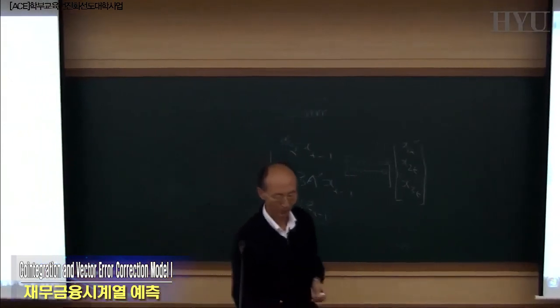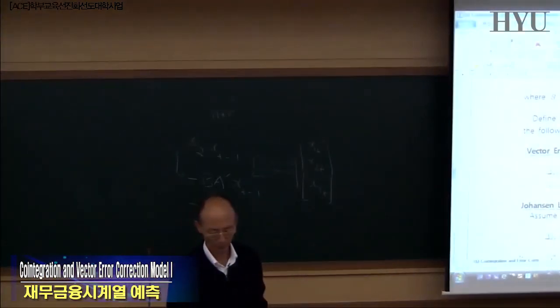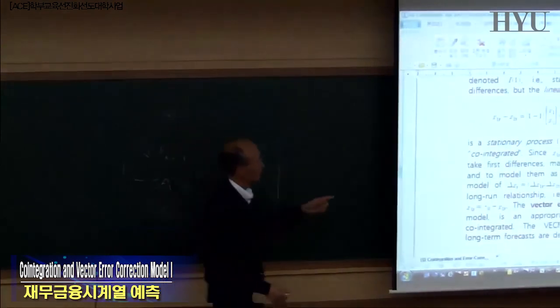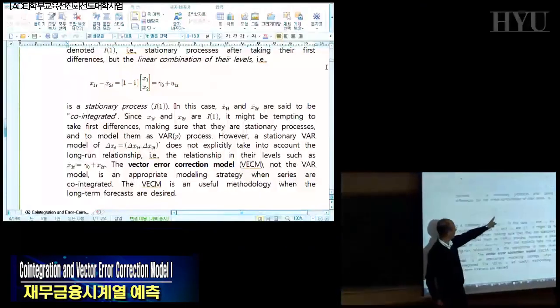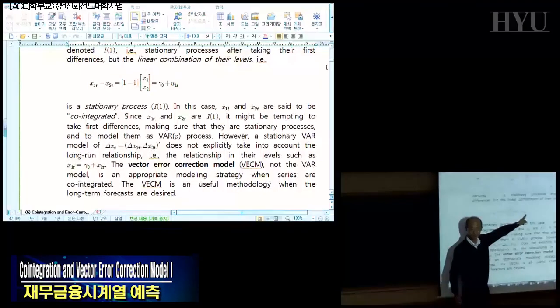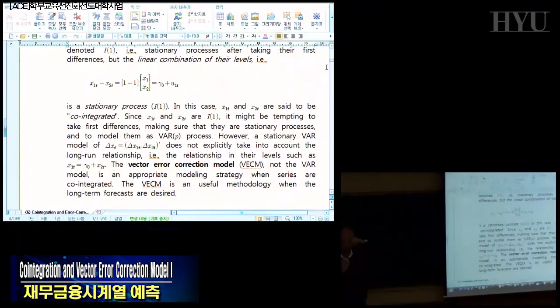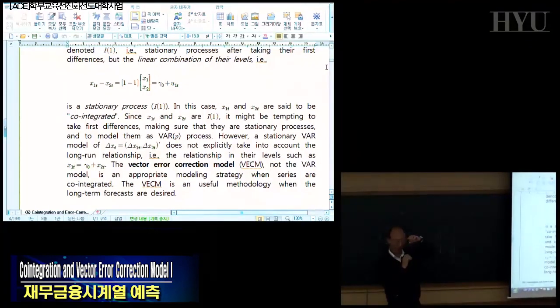Okay? Similar to this, right? Equilibrium error. Now we have more variables and we have a second line. So we have 2 equilibrium errors, one from each cointegrating relationship.